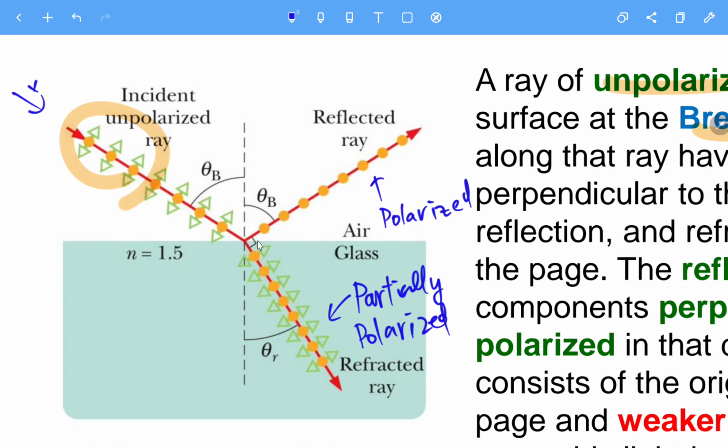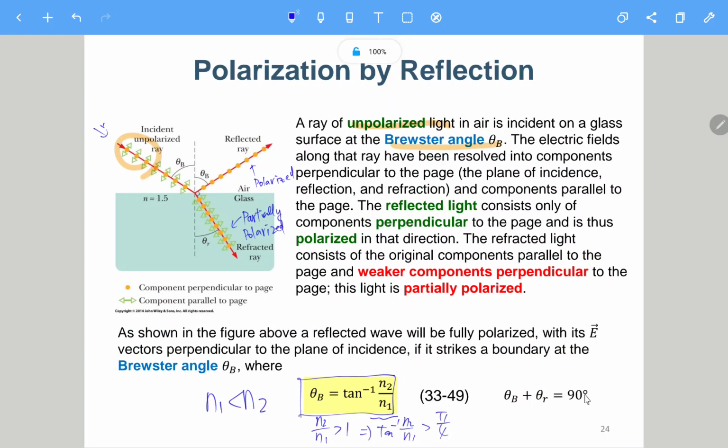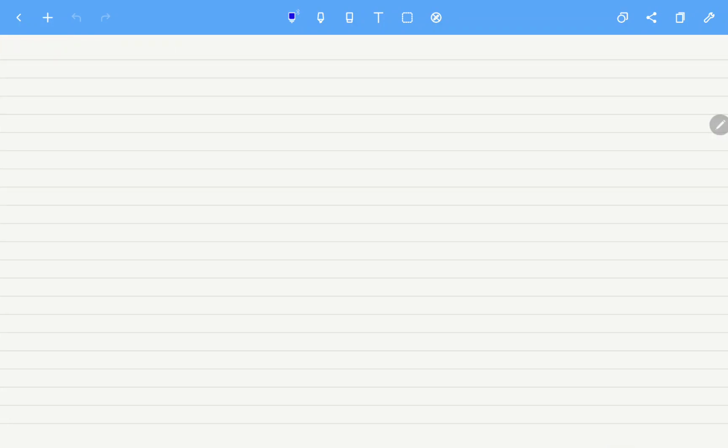So it means that the reflected ray is always perpendicular to the refracted ray. Okay, theta b plus theta r is 90 degrees, which means that this is also 90 degrees because this whole angle is 180. So theta b plus theta r is 90 degrees. So let's try to derive it.